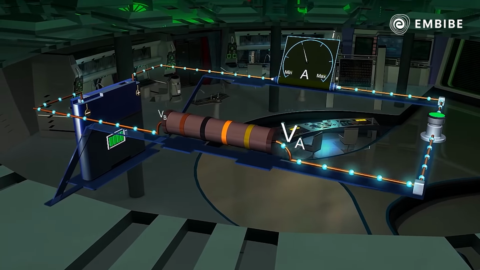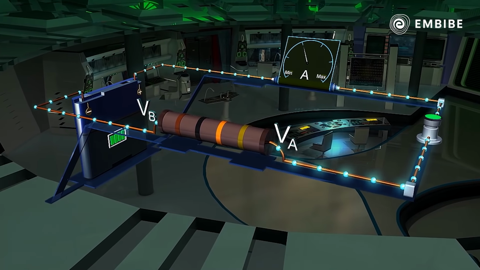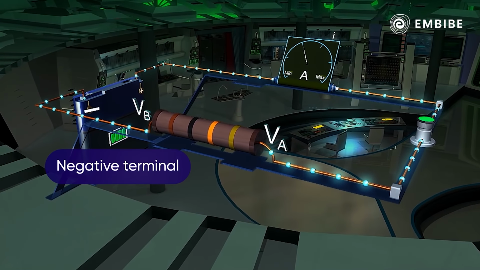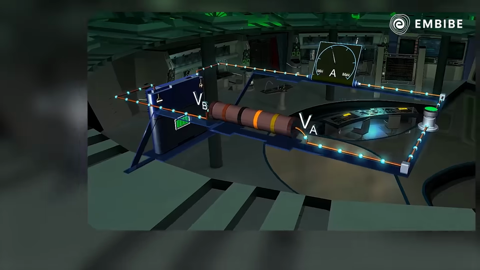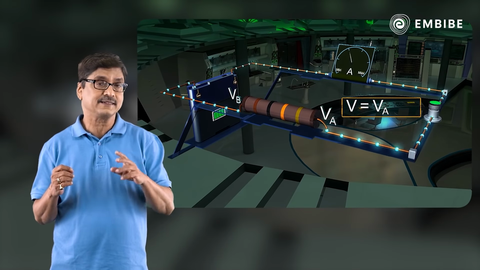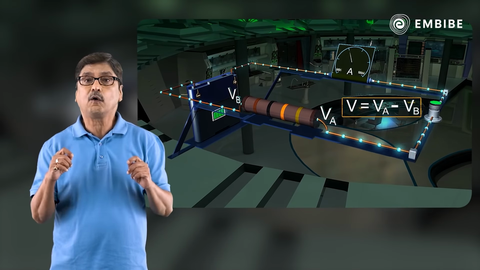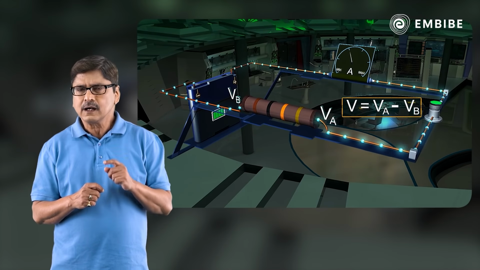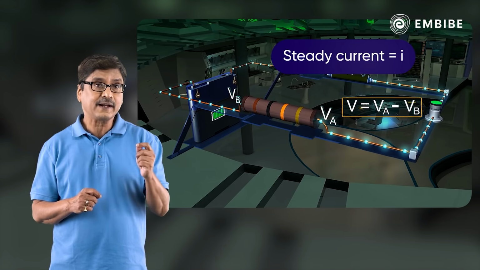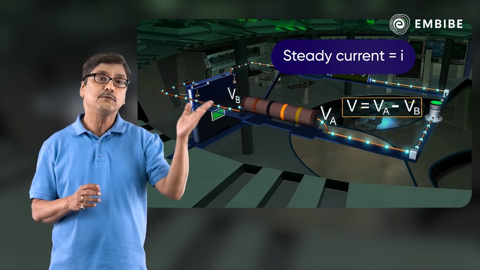End B is at lower potential, VB, as it is connected to the negative terminal of the battery. Let V be the potential difference between ends A and B of the resistor. A steady current I is produced in the circuit directed from end A to end B.